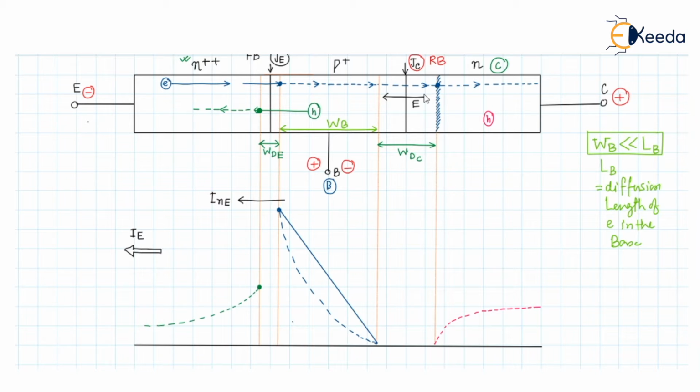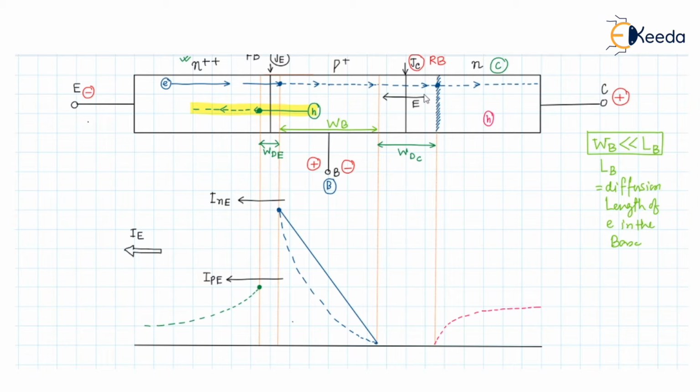There is also a current component due to the holes coming from the base to the emitter. Let us denote this as IPE.